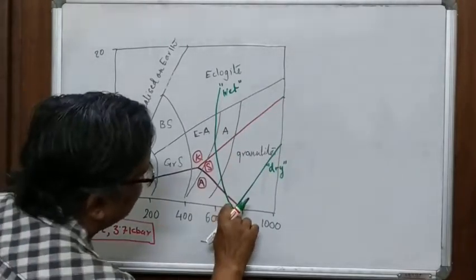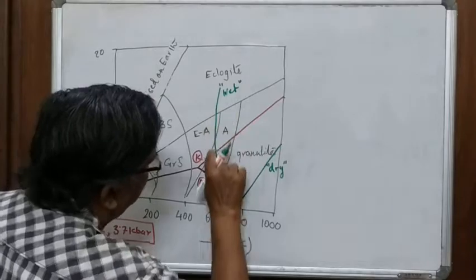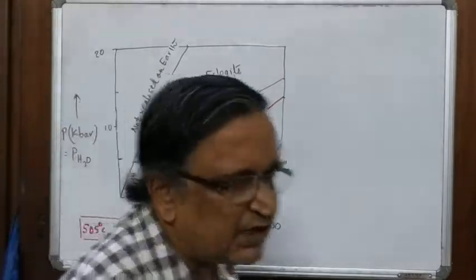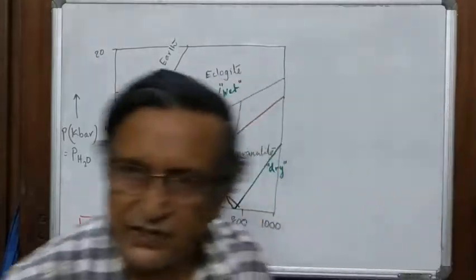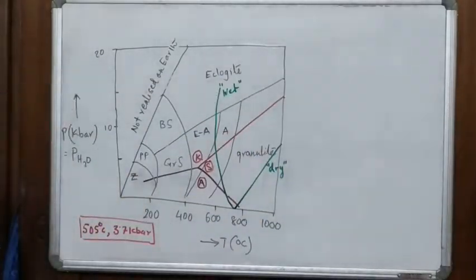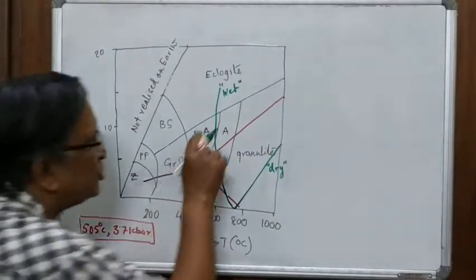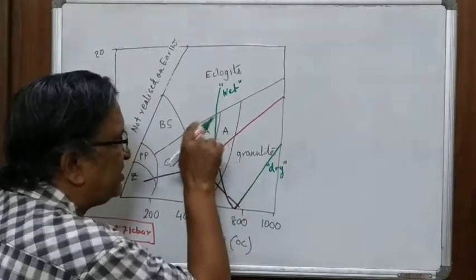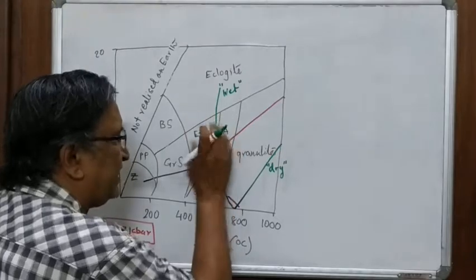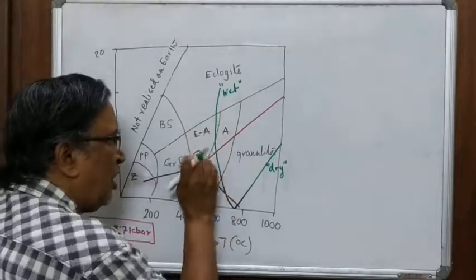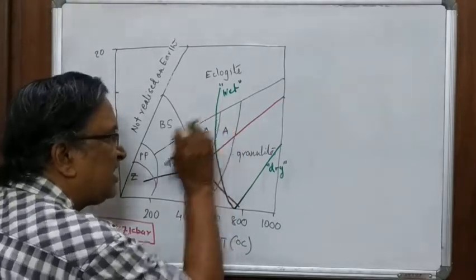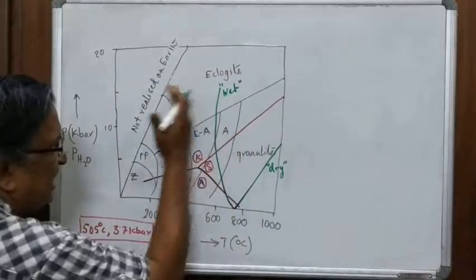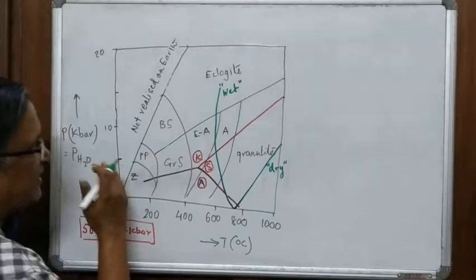But here you can see that this curve is nearly vertical, and this temperature is roughly about 650 degrees centigrade. So melting of granites, if you have amphibolites, at the highest pressure and temperature of this metamorphic facies, granite melting may happen. So here on the left-hand side there is no melting.